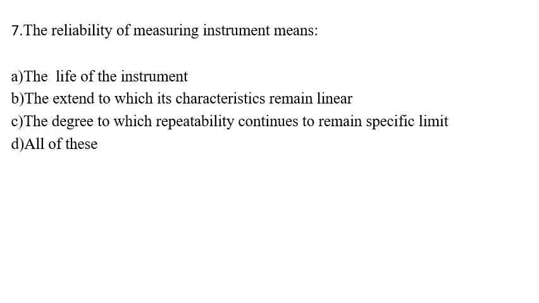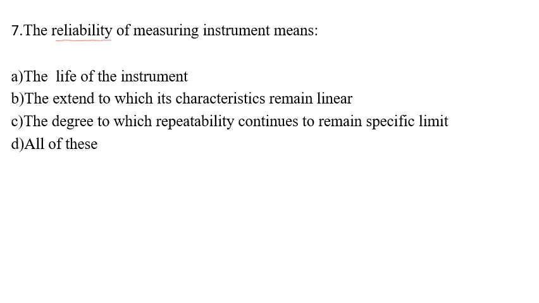Moving on to the seventh question: the reliability of a measuring instrument means option A, the life of the instrument; option B, the extent to which its characteristics remain linear; option C, the degree to which repeatability continues to remain within a specific limit; or option D, all of these.